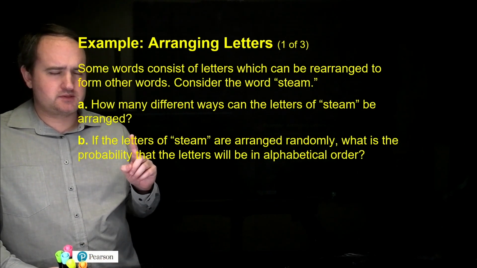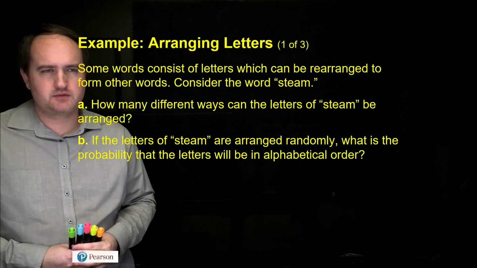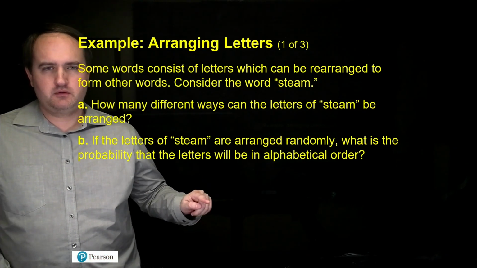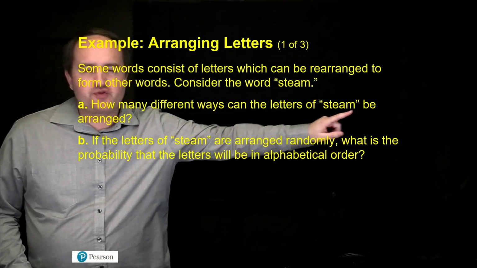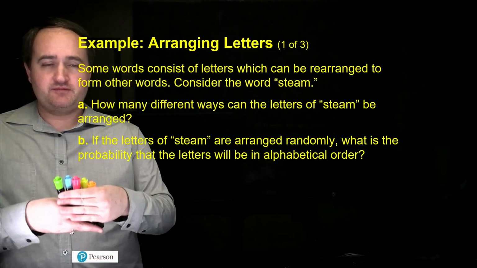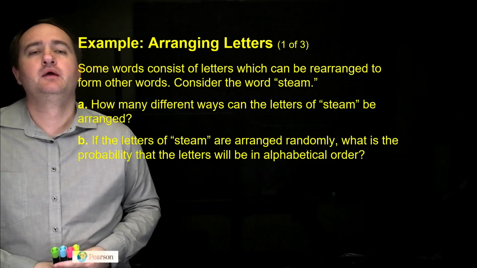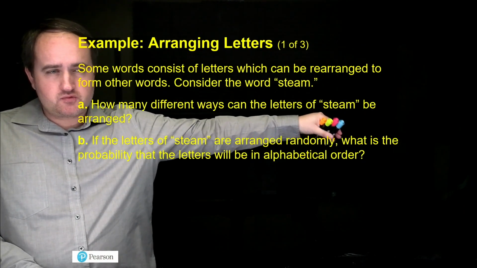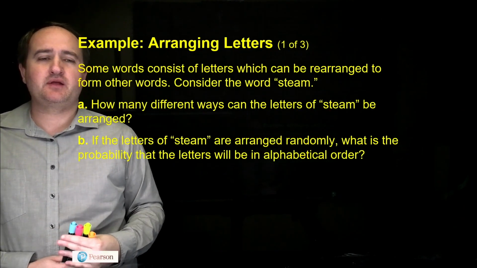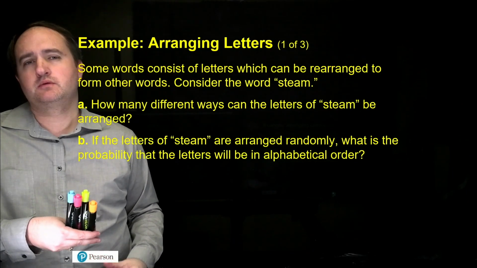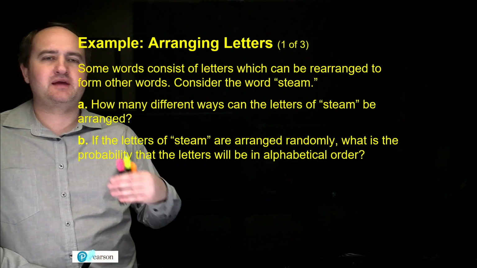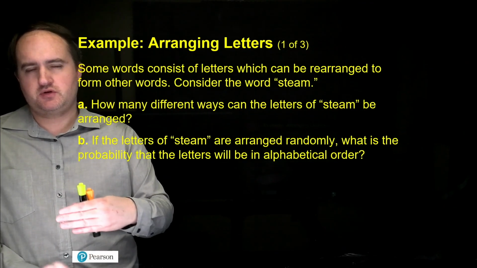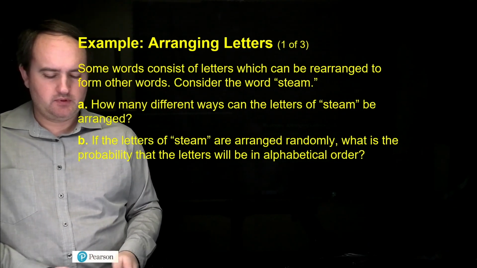So if you think about this, it's exactly the same thing. So for the first letter, because all the letters are different, we have 5 choices for the first letter. But then for the second letter, we've already used one of these letters. So for the second letter, we only have 4 choices. And then for the third letter, we have 3 choices, and then 2 choices, and then 1 choice.